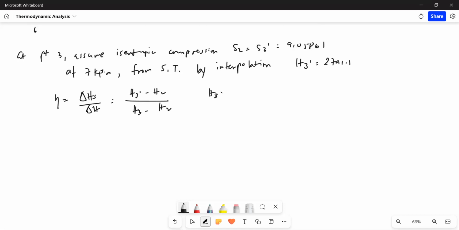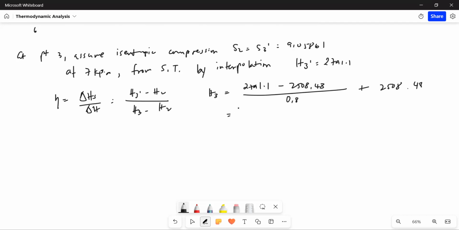Solving for H3 actual, substituting the values already: 2791.1 minus 2508.48, divided by the efficiency 0.8, plus 2508.48.